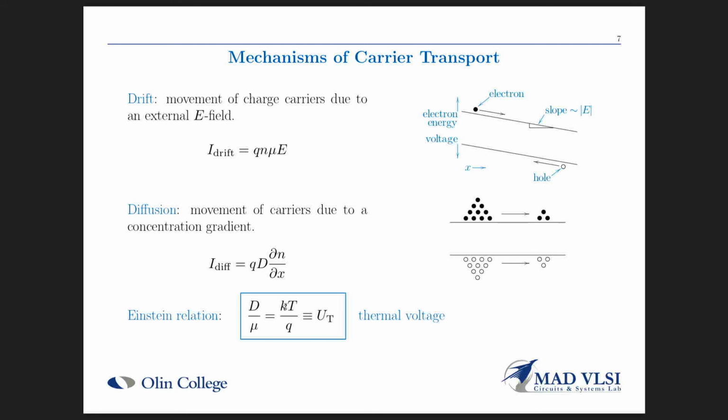So kT is an energy. kT over q is a potential, because potential is basically energy per unit charge, or work per unit charge. This is called the Einstein relation, and this is something that Einstein figured out in his classic paper on Brownian motion, which I guess he figured out somewhere between special relativity and general relativity.